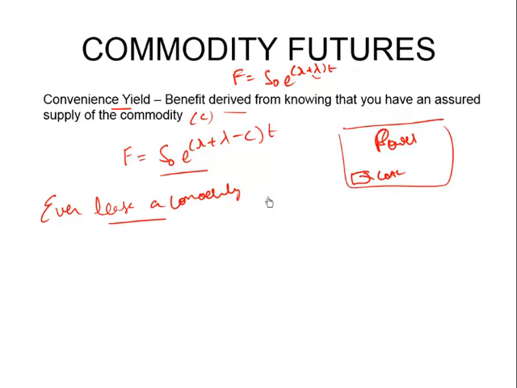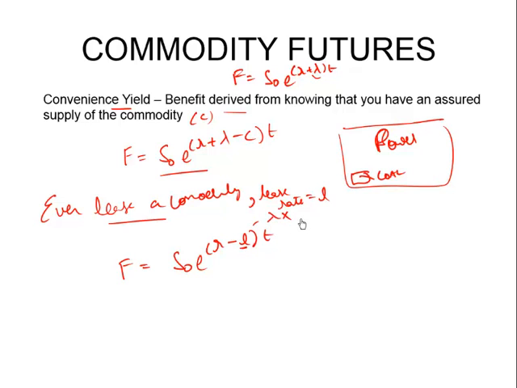If we lease a commodity out and let's say we receive a lease rate equal to L, then the fair forward price would be equal to S naught e raised to the power (r minus L) into T, because L is something like the dividend yield or the benefit that we are getting from the stock.